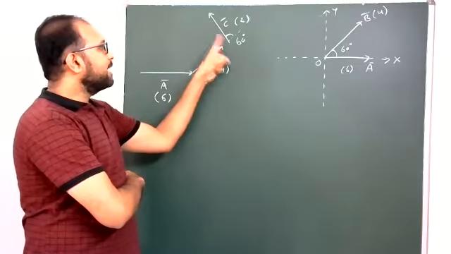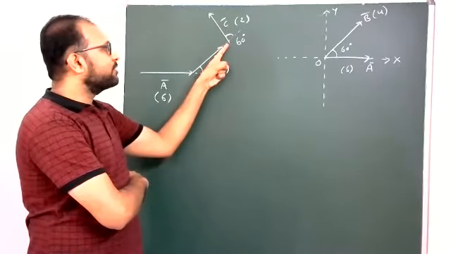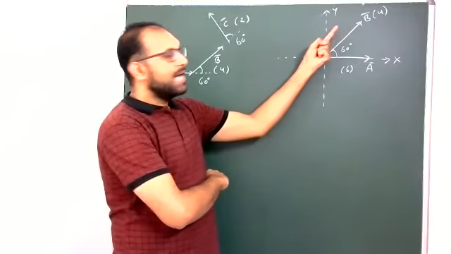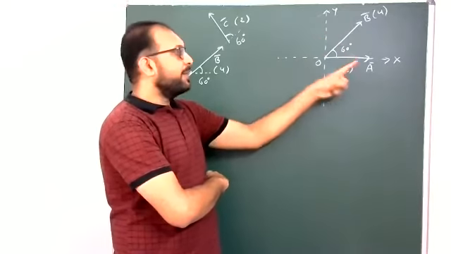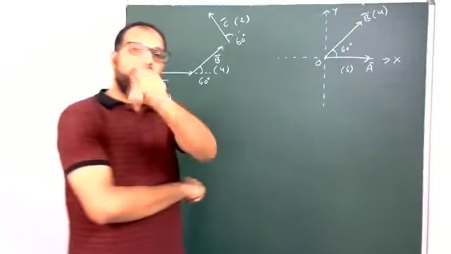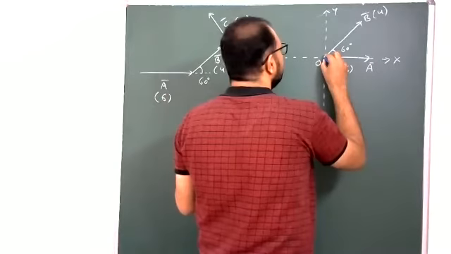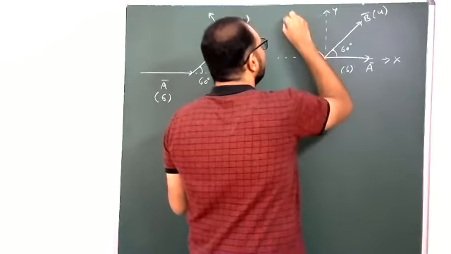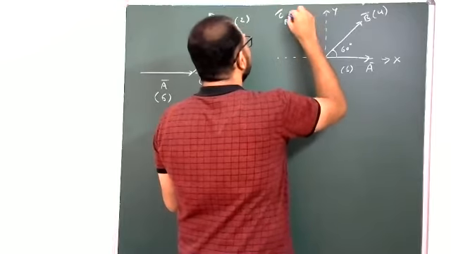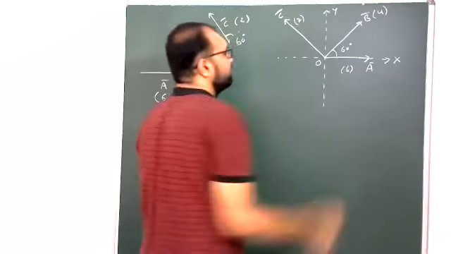C bar is making an angle 60 with B bar, means with this one again 60, means indirectly with x-axis total 120. So now this is C bar, magnitude 2.